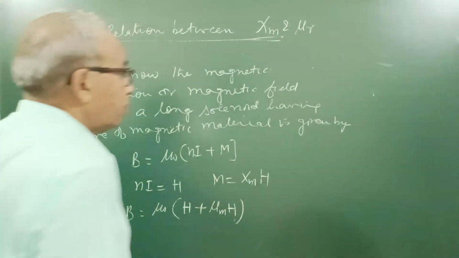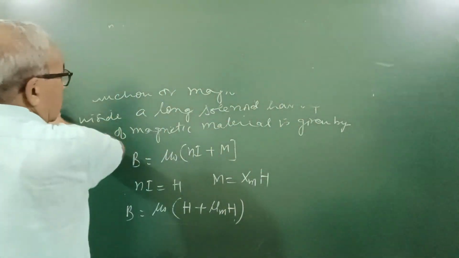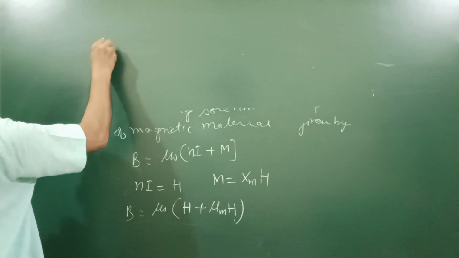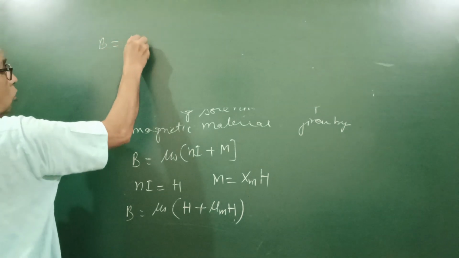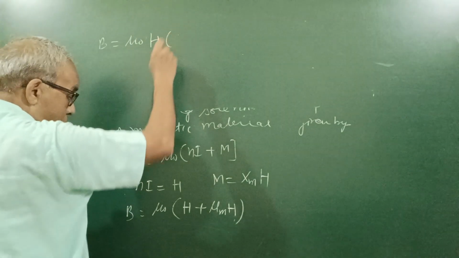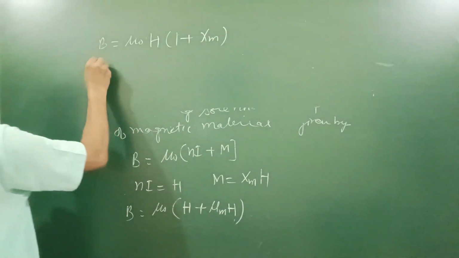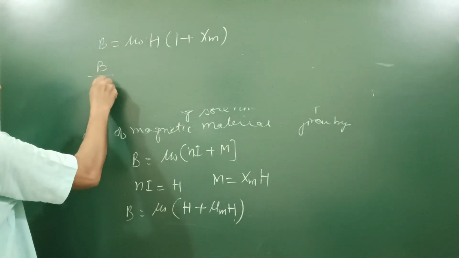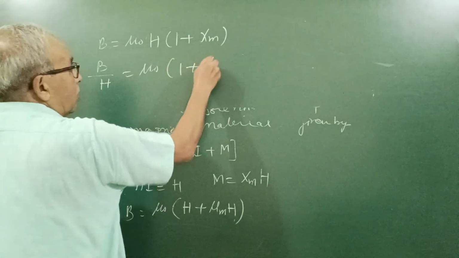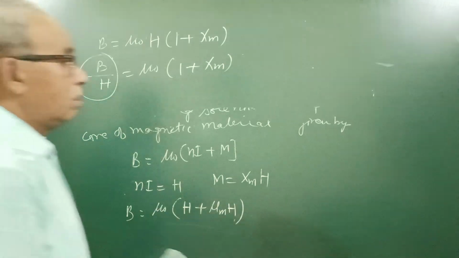Or you can write B is equal to mu 0 H into (1 plus chi m). B upon H, do you remember what this is?